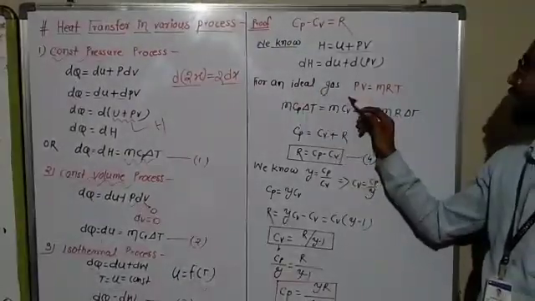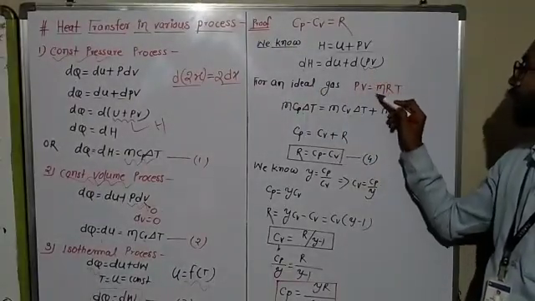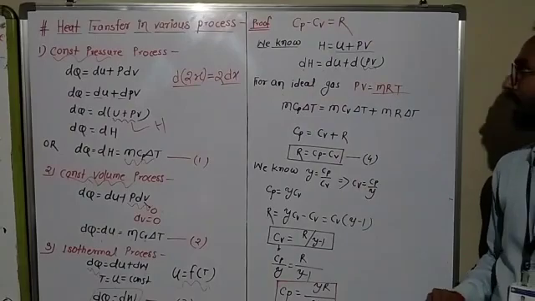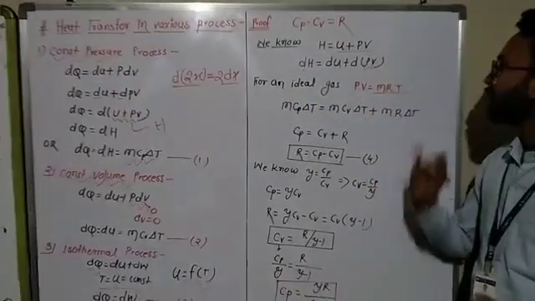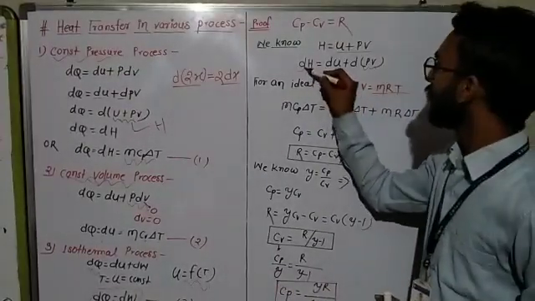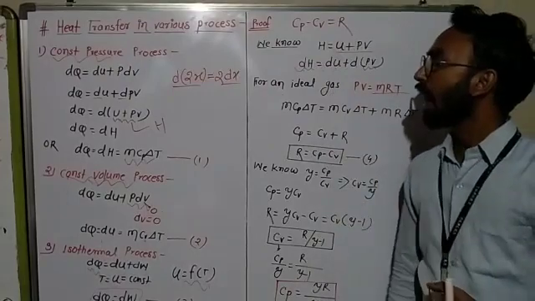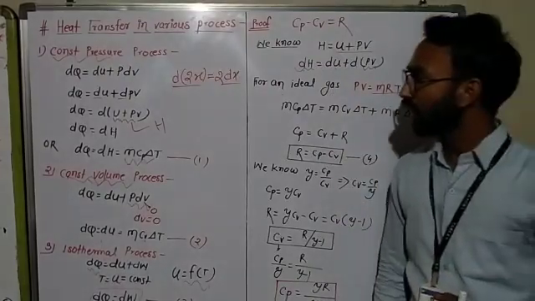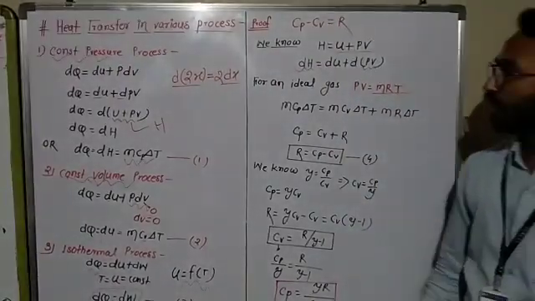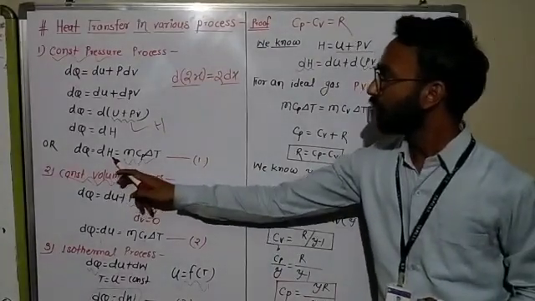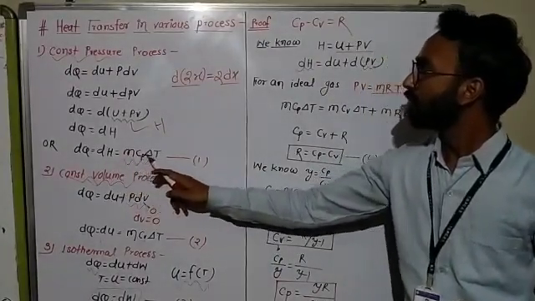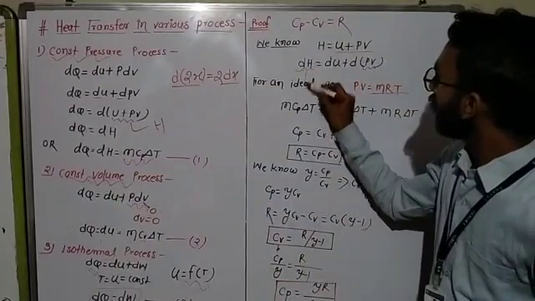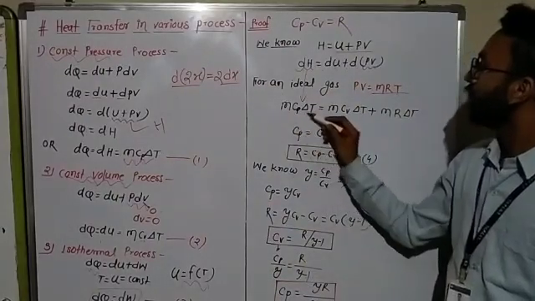For an ideal gas, this PV is written in the form of mRT. You can write PV is equal to mRT. dH is nothing but the change in enthalpy. From equation number 1, dH may be written in the form of m Cp delta T.